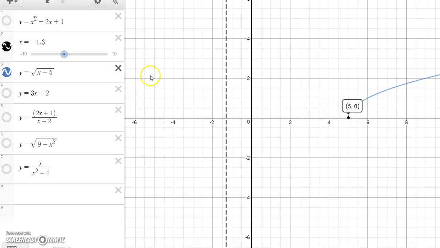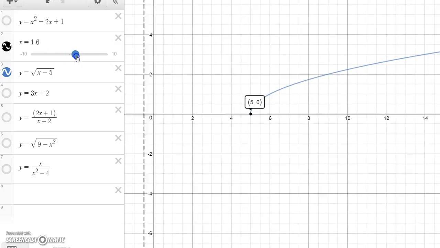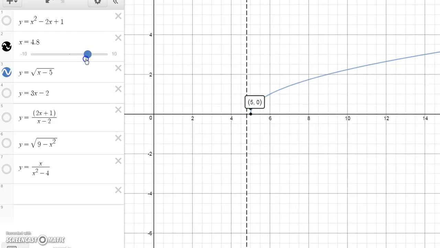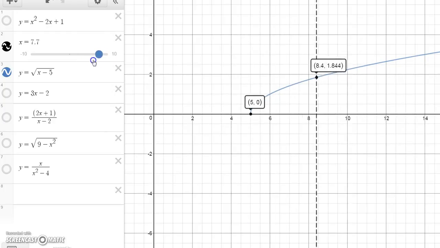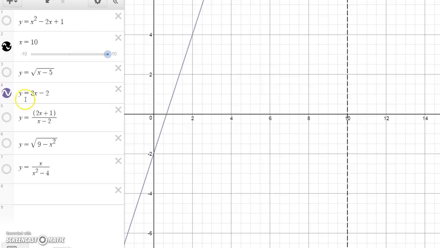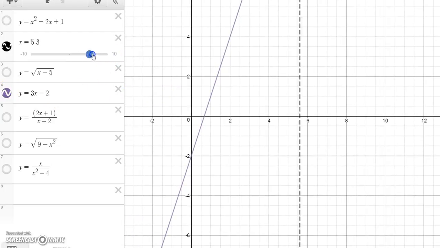Let's look at this one. I don't have it going all the way out there, but notice that no matter where I move that vertical line, it's not going to cross it more than once. Okay? All right. Let's look at the next one. Y equals 3x minus 2. Let's get my vertical line over here.